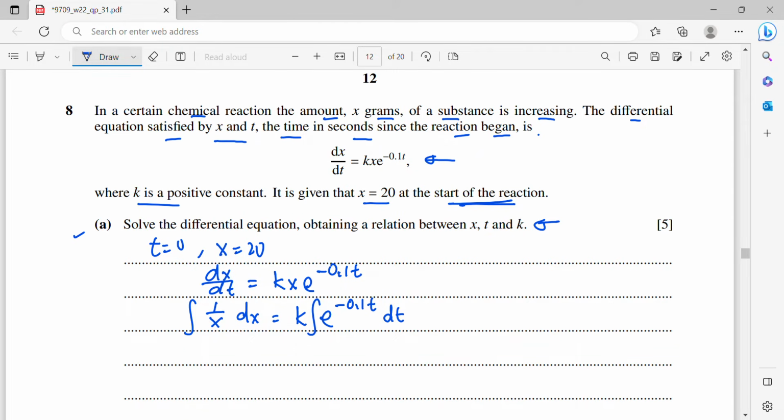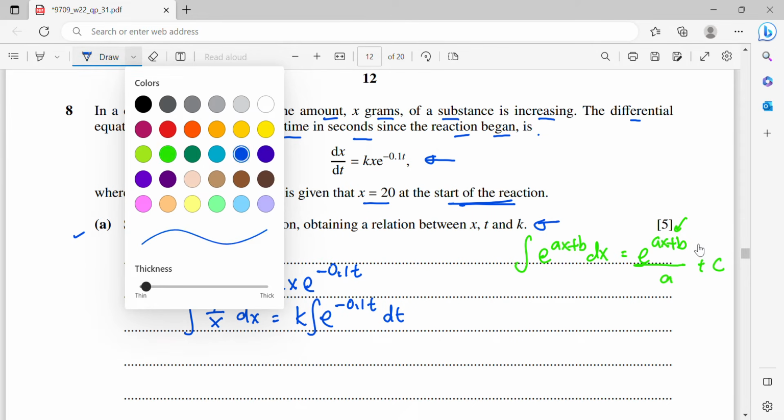Okay, so for your information, to integrate the exponential function, you need to rewrite the whole exponential function, then divide by the differentiation of the power of e, which is a, then plus c. Alright, so apply this formula to integrate.